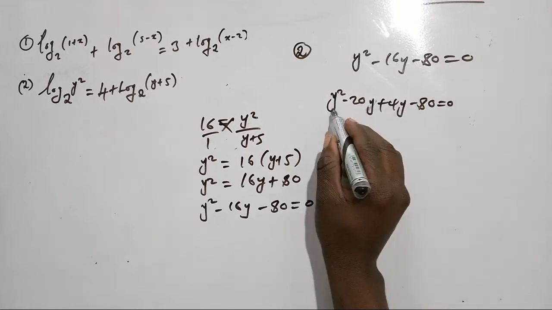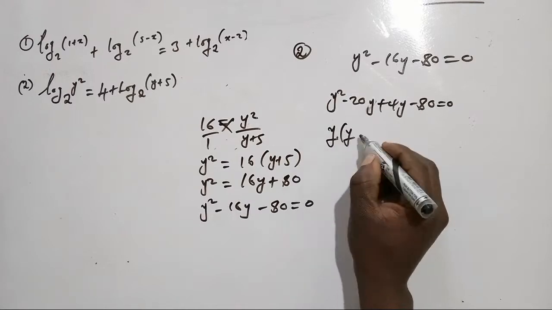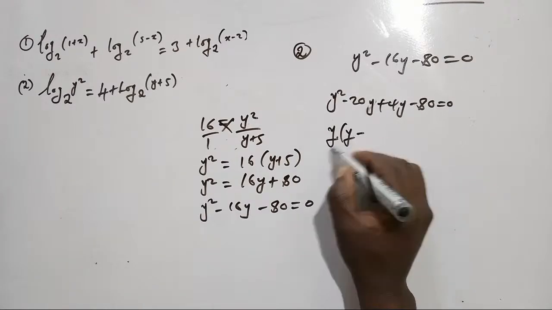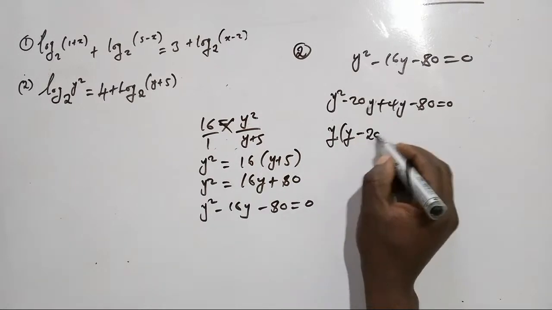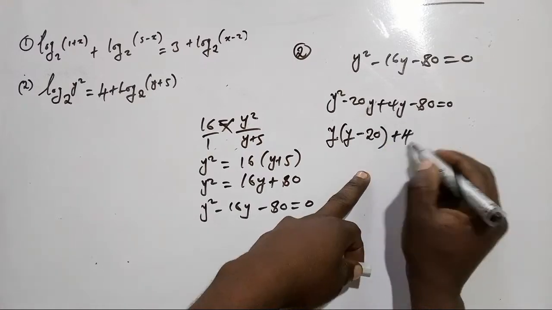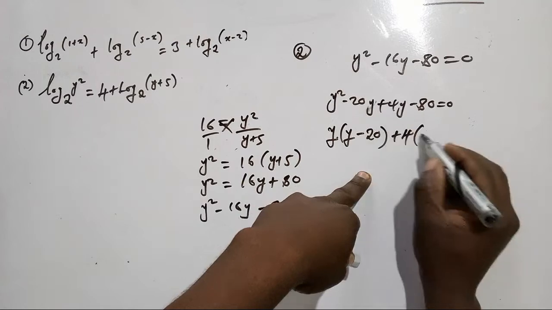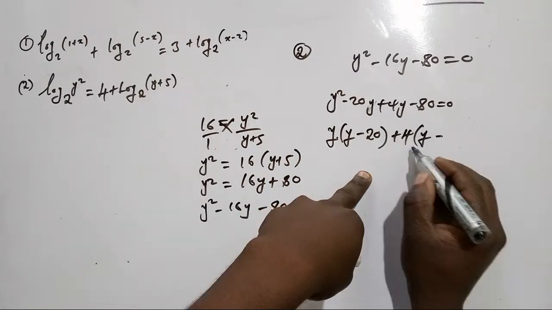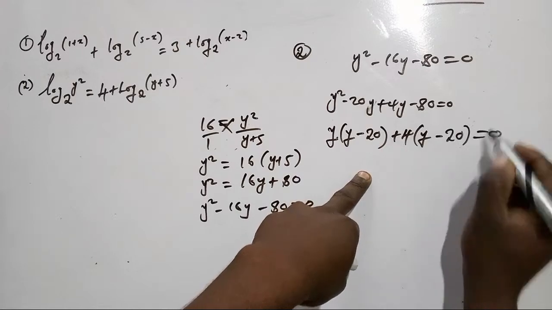What is common here? It is y outside. Then y into y squared, you are going to remain with y. Then minus y into minus 20y, you are going to remain with the 20, the bracket, then plus. Here what is common? It is plus 4, right? Then 4 into 4y, you're going to remain with y, minus 4 into minus 80, it is 20, right? Which should be equal to 0.